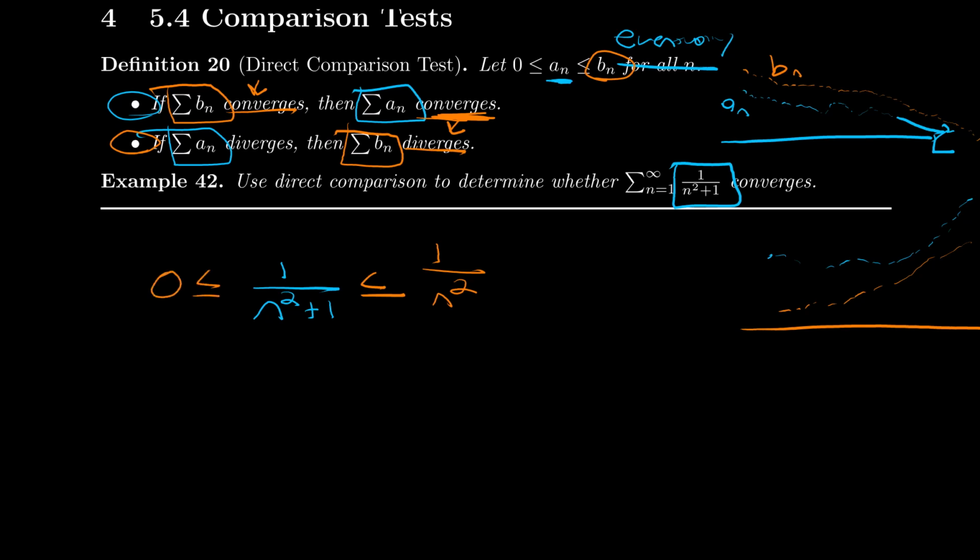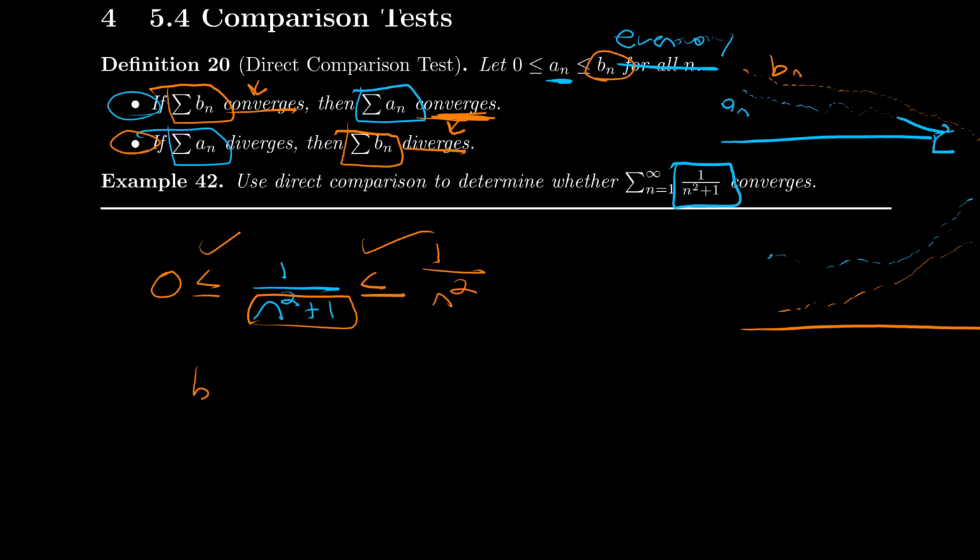So now all I need to do is convince myself that this is true. Well, they're both certainly always positive, so this part's true. How about this part? Is 1 over a slightly larger number than this always going to be less than? Of course. Because n squared plus 1 is greater than or equal to n squared, then their reciprocals, you flip the sign. That's how that works. So that's true as well.